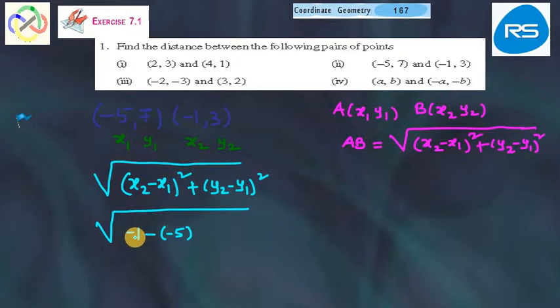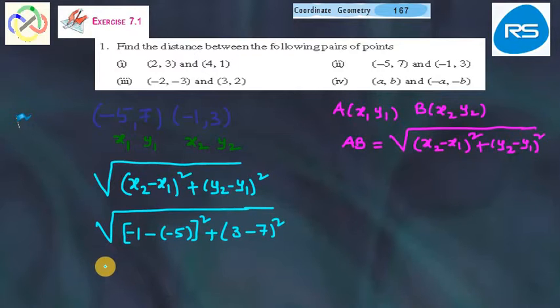So I wrote x2 minus x1 whole square plus y2, which is 3, minus y1, which is 7, whole square.